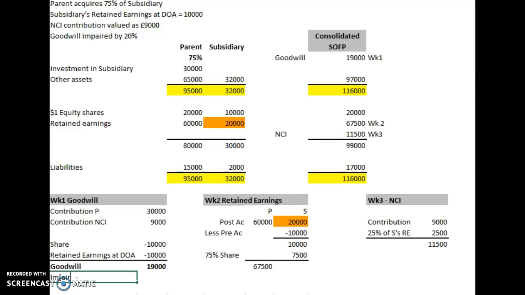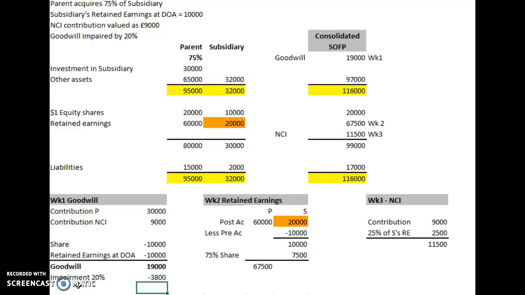We'll work out the impairment amount. Impairment. And this was how much? 20%. So let's just make a note of that. Impairment 20%. So this is going to be negative 20% times the goodwill, which means we're going to lose 3,800 from our goodwill amount.